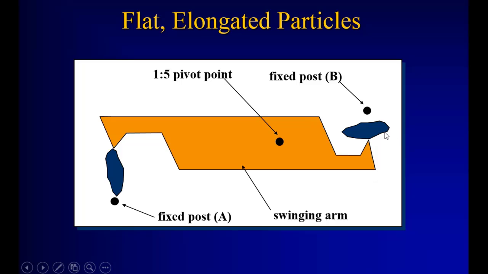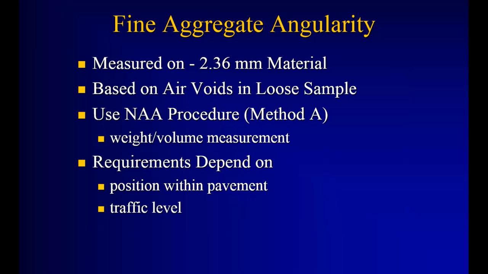If it passes through this way, it's a failed flat and elongated piece. But now you really don't see it in production testing in North Dakota because it never happens. And so we kind of take the highest target value on our limited testing time and resources, and test other things. This test, though, is extremely important in North Dakota, fine aggregate angularity.